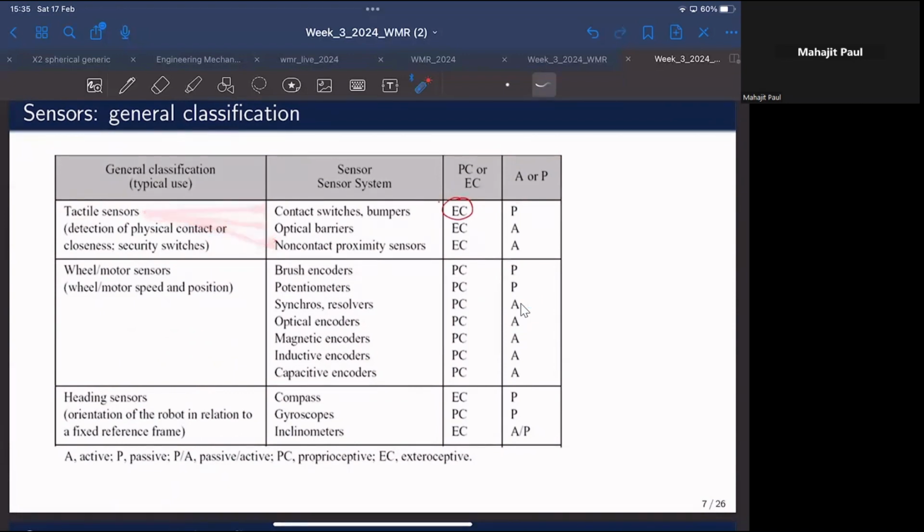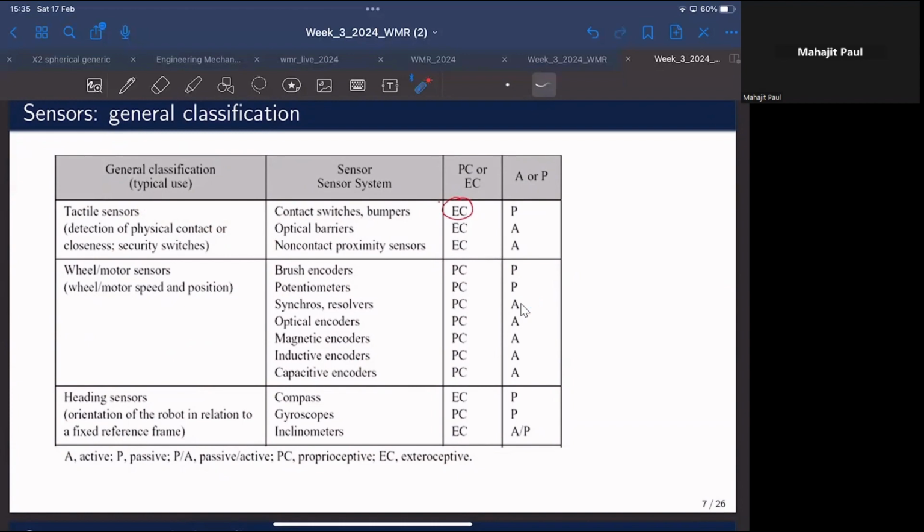One example is the contact switches, which are bumpers. You can attach a bumper externally to a mobile robot, and based on how it is compressed or how much force it is subjected to, it generates an electric current, and you can measure that current as a measure of the force.